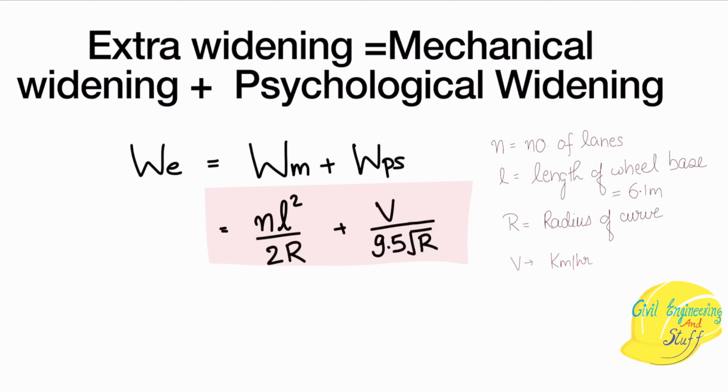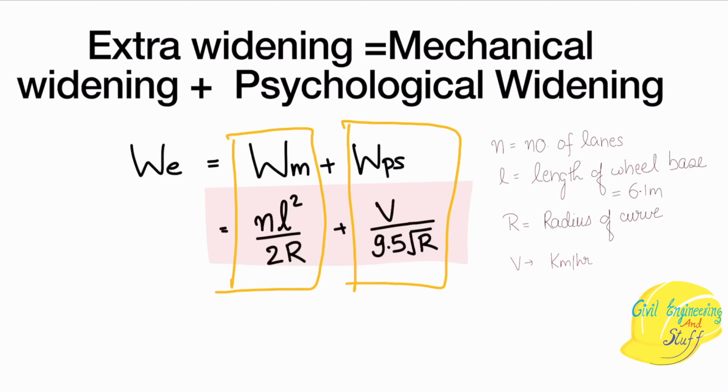So your extra widening is equal to mechanical widening plus psychological widening, and your mechanical widening is given by nL square by 2R, and your psychological widening is given by V by 9.5 root of R. So this parameter is your mechanical widening, this parameter is your psychological widening. n is your number of lanes, L is the length of the wheelbase, and as per IRC we have a standard wheelbase of 6.1 meter. Then we have R, radius of the curve, and V, velocity in kilometer per hour.